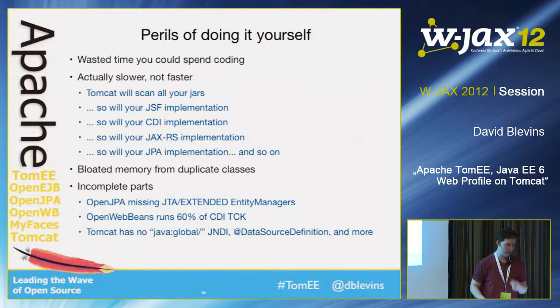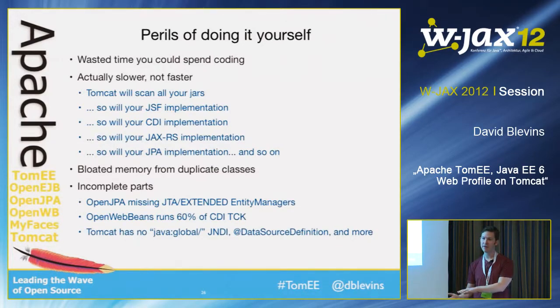Why do that? The other thing is that it's actually not as performant as it could be. If you were to take Tomcat and add, say, MyFaces in there, and you boot that up with a 20 megabyte WAR file, Tomcat is going to scan the entire WAR file for servlets, filters, and listeners.